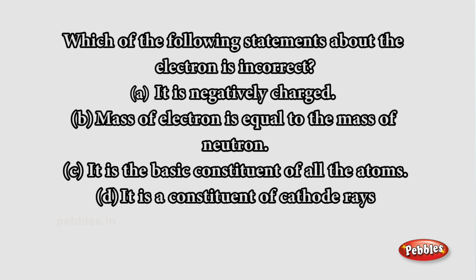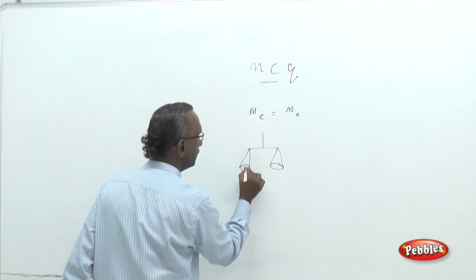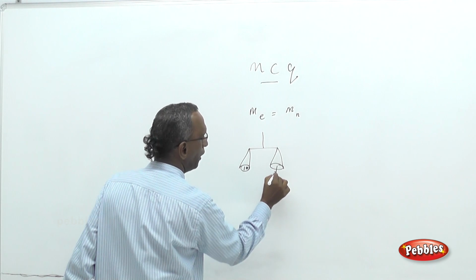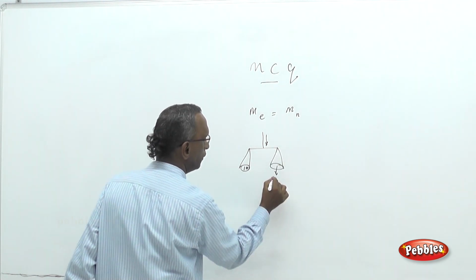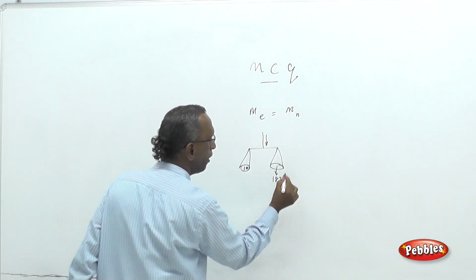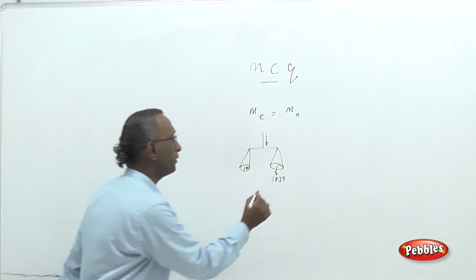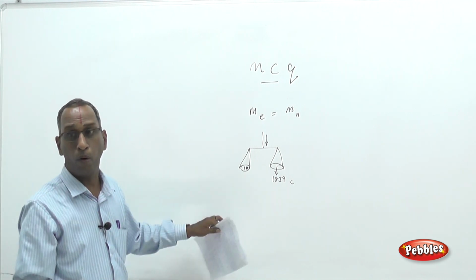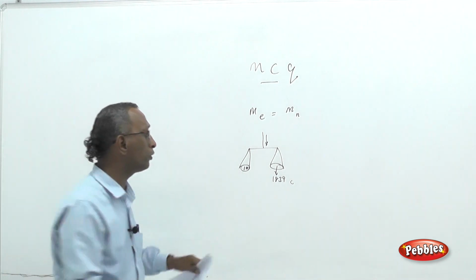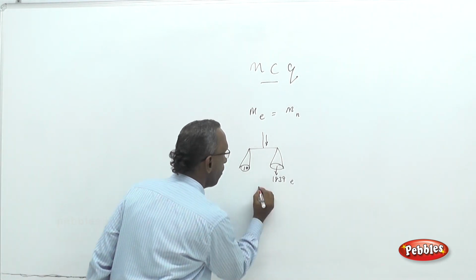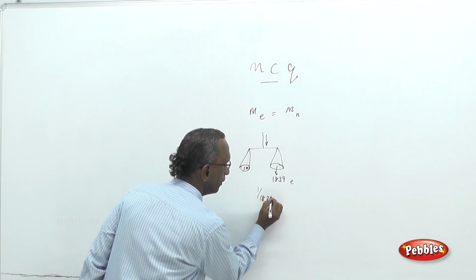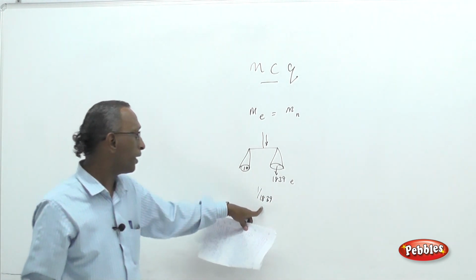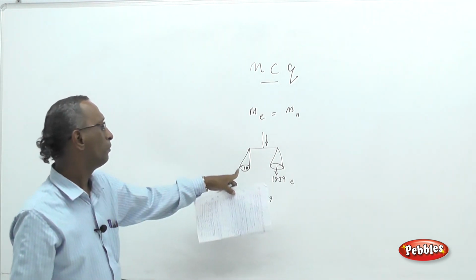But we have studied that if you put one neutron in one pan, in order to have null deflection you have to put roughly 1839 electrons. So 1 electron is only 1 by 1839th of a neutron.